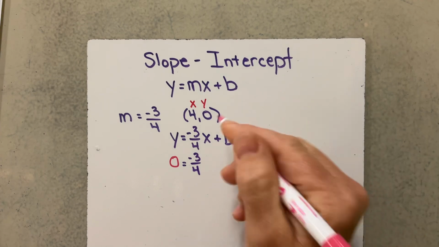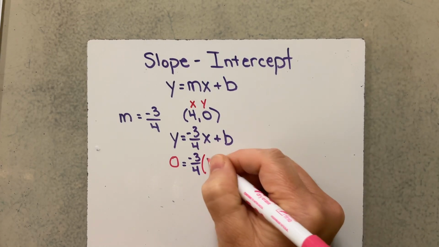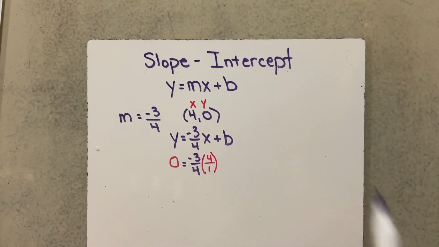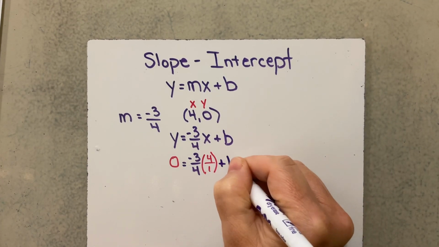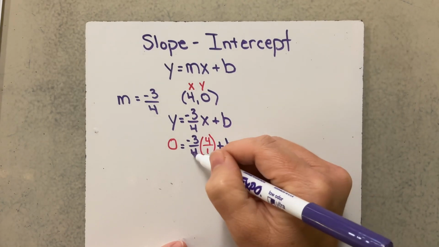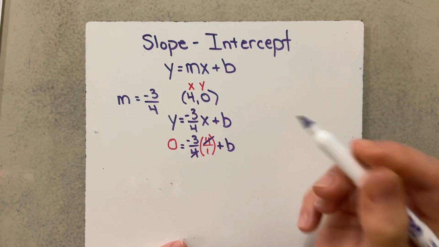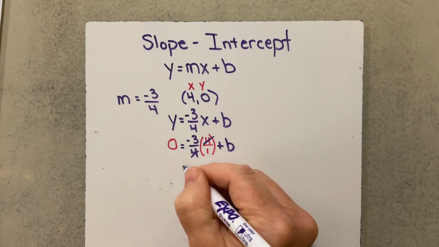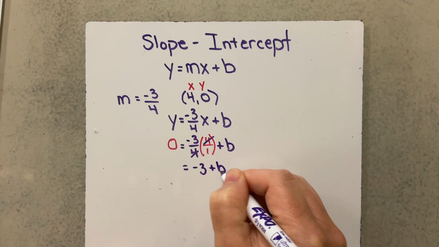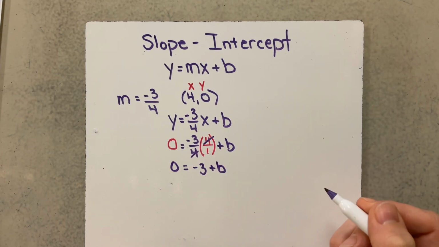My x is 4, so I'm going to multiply by 4, and I could put a 1 under it to make it easier, plus b. I can see that those 4s are going to cancel out because I have 1 on the top and 1 on the bottom, which leaves me with just -3 plus b equals 0.